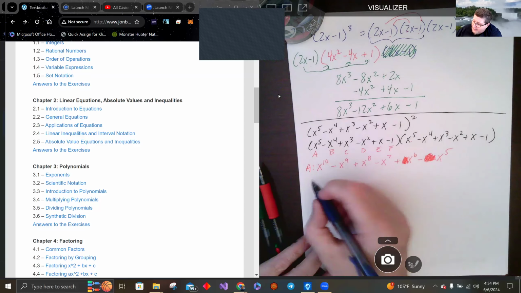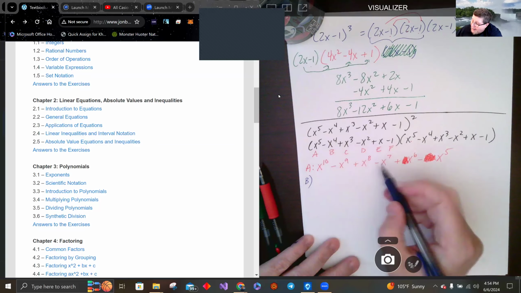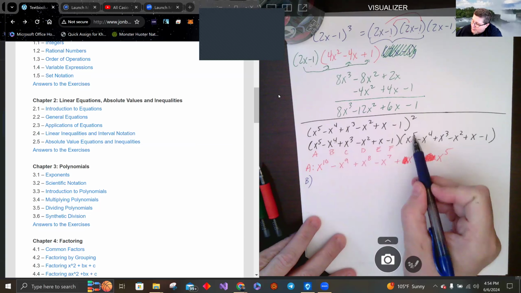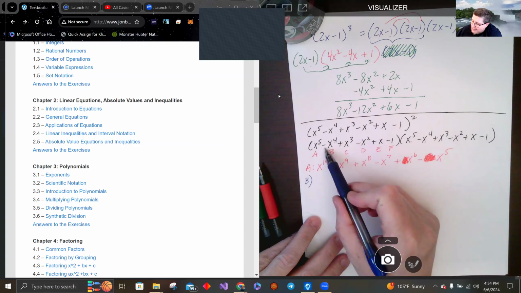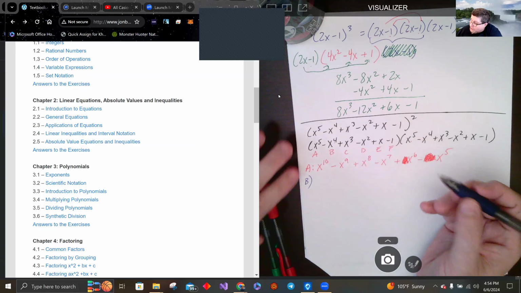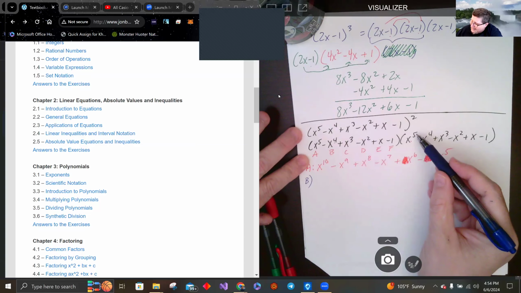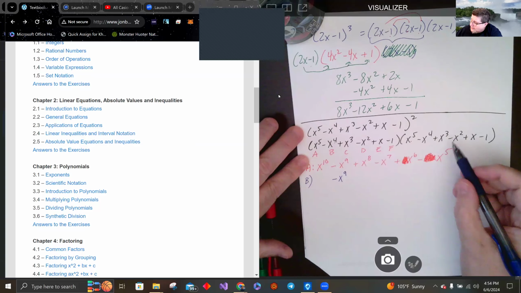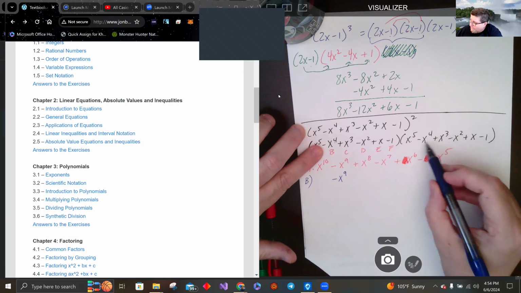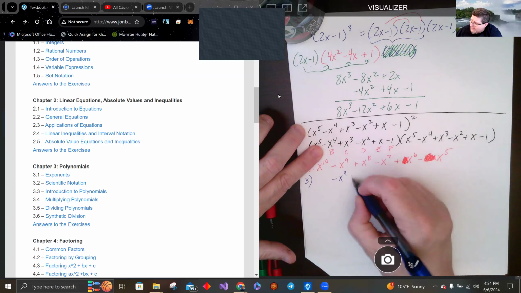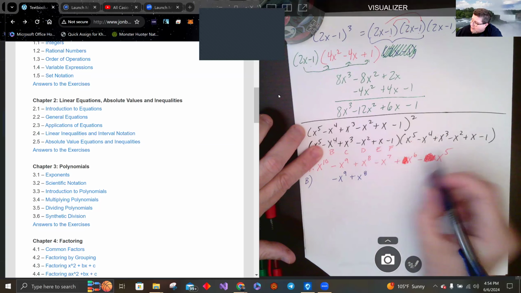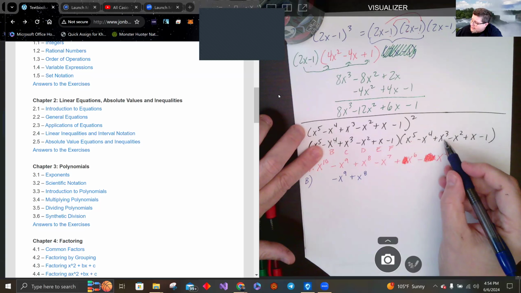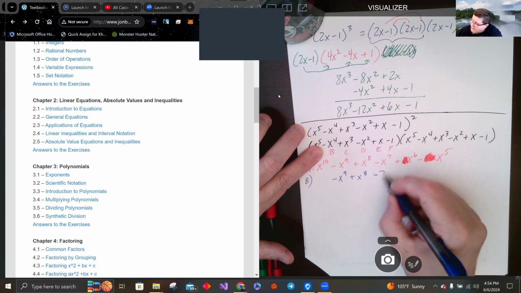When I do B, I'm adding a 4 when I do the exponents, and I'm changing the sign because B is negative. So 4 and 5 is 9. And so I have a negative x to the 9th. 4 and 4 is 8, and it becomes positive. 4 and 3 is 7, and it's negative.